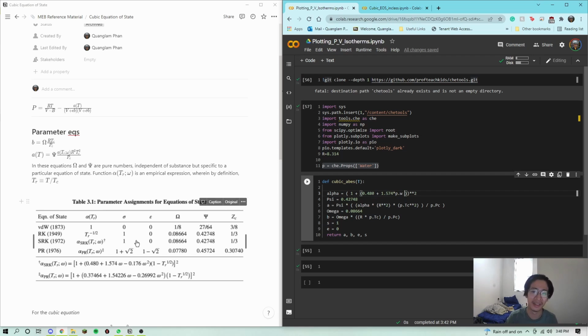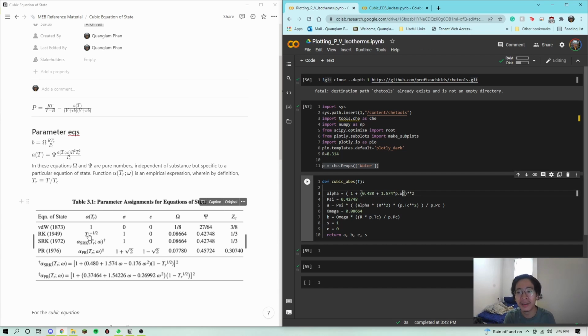Sorry. I believe the eccentric factor describes the non-sphericity of a gas particle or gas molecule, and it's a property that's dependent on the type of gas you have, the compound that you have. Okay, but in this context, it's a number that allows us to plot our cubic equation of state.